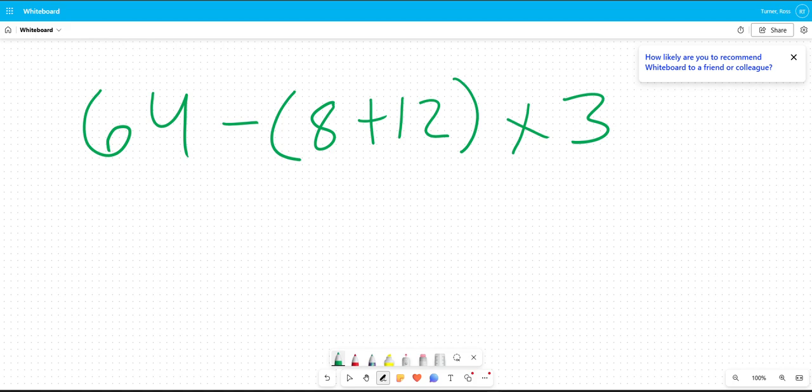All right, so PEMDAS says we do our parentheses or any grouping symbol first.